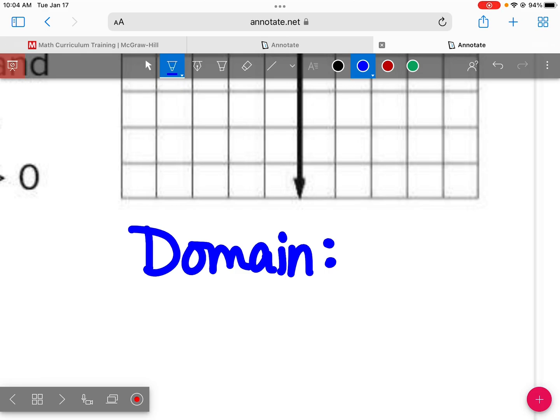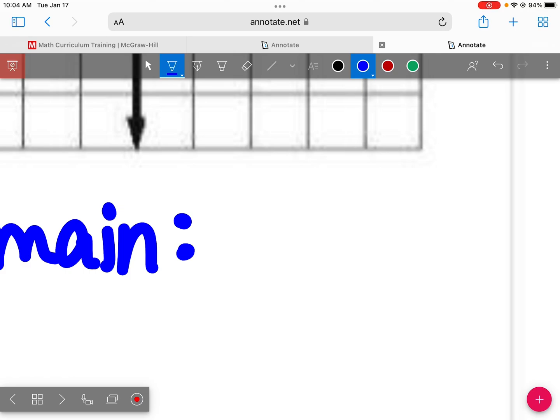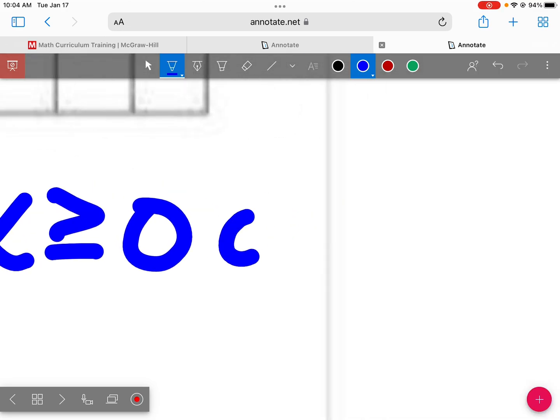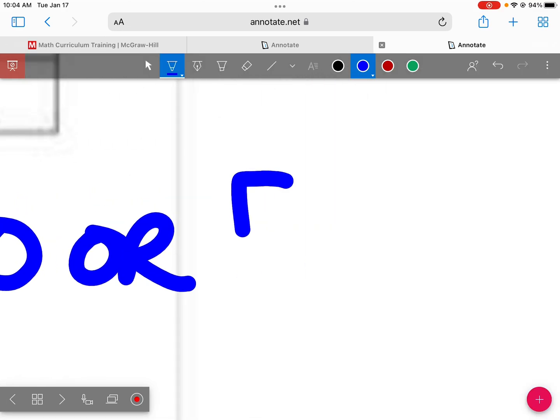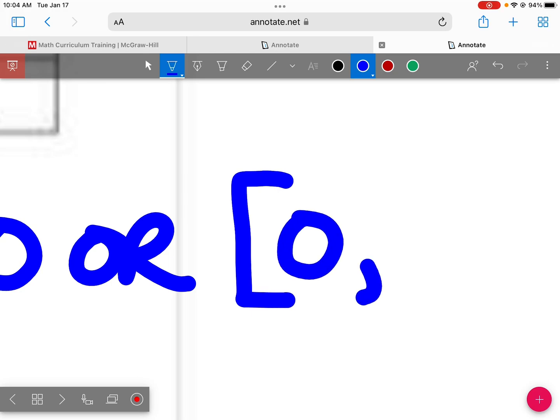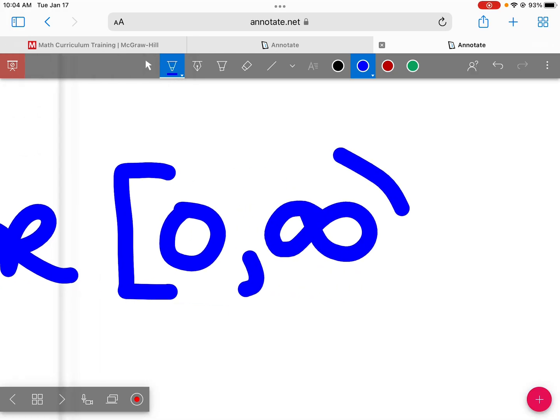No negatives. So what was the smallest number we were allowed to use? 0. So you can either say x is greater than or equal to 0, or if you want to write that in interval notation, that would be 0 to infinity. Both of those mean the exact same thing. It means my smallest number is 0, and we don't have a biggest value.